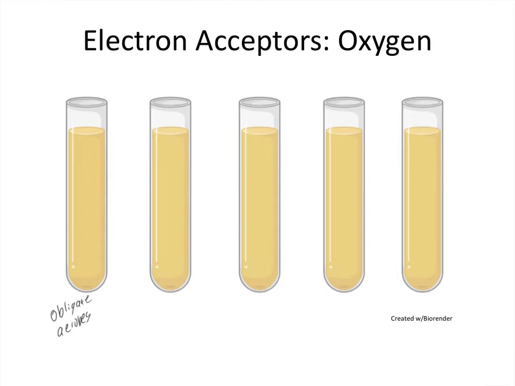If they do not have oxygen, they will die. If we were growing these in broth cultures, these microbes would grow up at the top here, because this is where the oxygen is, and any farther below the surface, they're not going to survive very well.